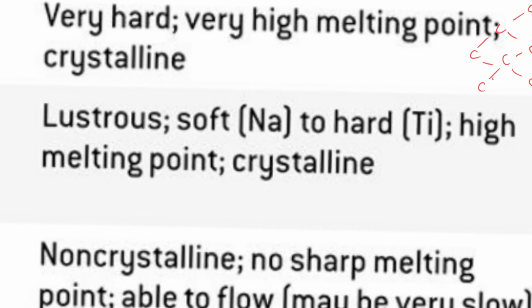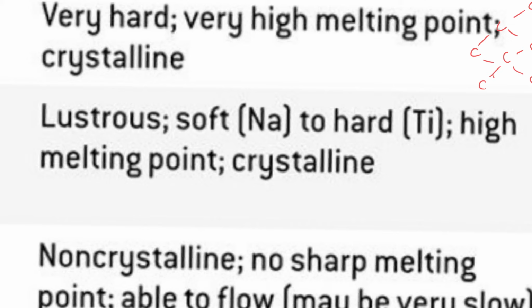Now, what are some of the physical properties? Metals tend to be lustrous or shiny, and soft to hard, depending on the substance itself. Sodium is a very soft metal, while titanium is a very hard metal. They have high melting points because there's a strong Coulombic attraction between the positively charged nuclei and the electrons. So you have to give it a lot of energy to break that attraction and make it more free flowing for the substance to become a liquid.